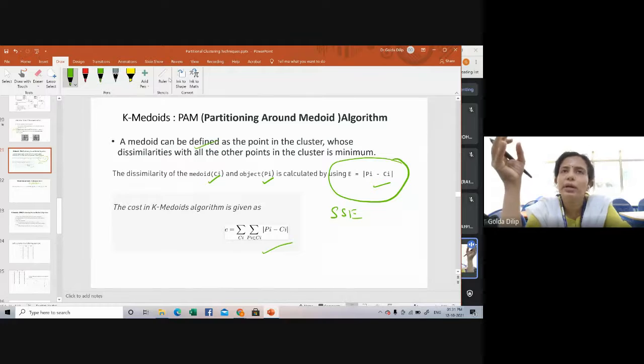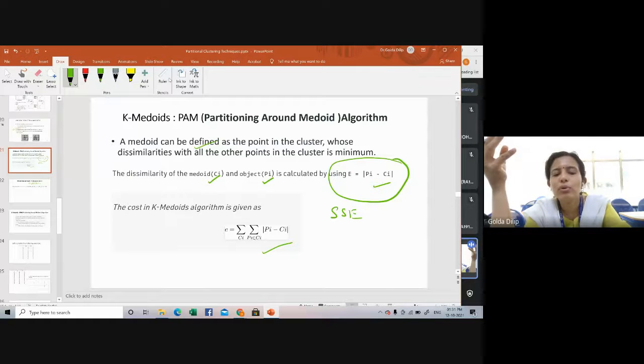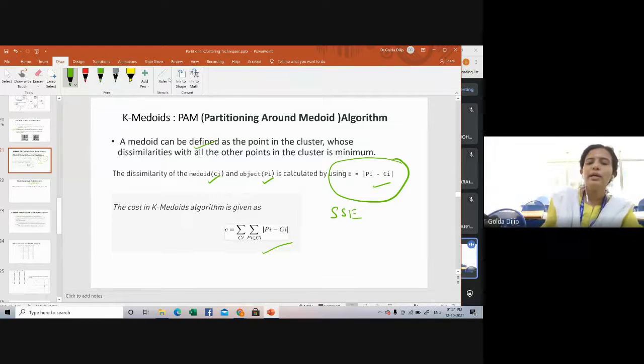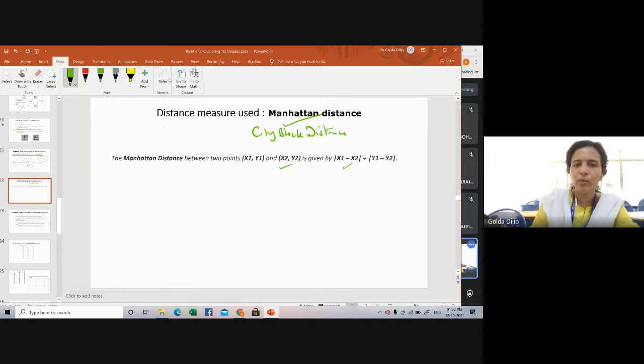A medoid means the most central element of the cluster, so the distance from the other points will be minimum, and it will not get influenced by extreme values the way k-means does. That's the reason why k-medoids is more robust to outliers and noise than k-means clustering. And this is the cost equation.